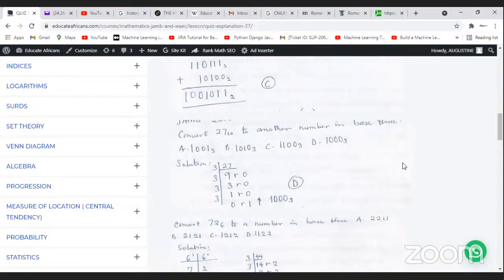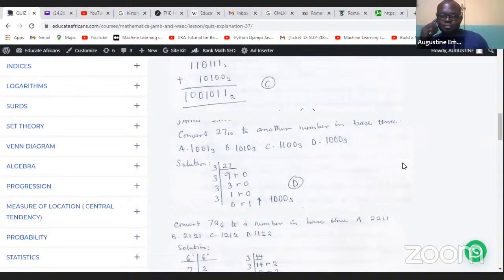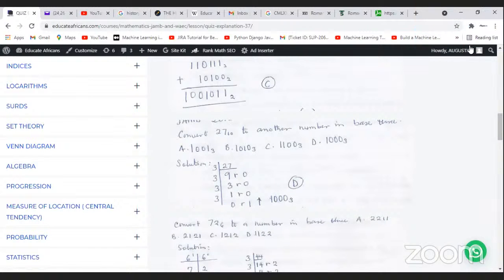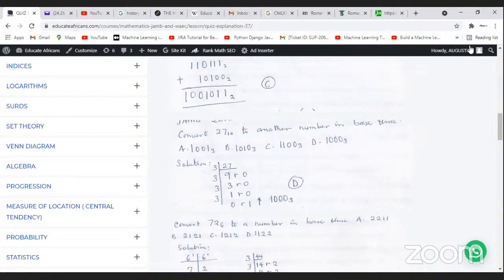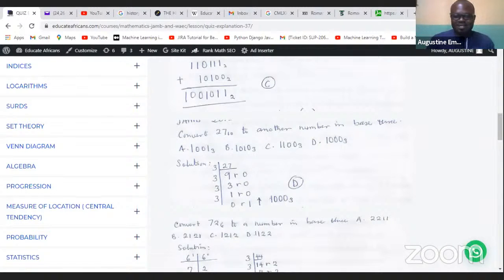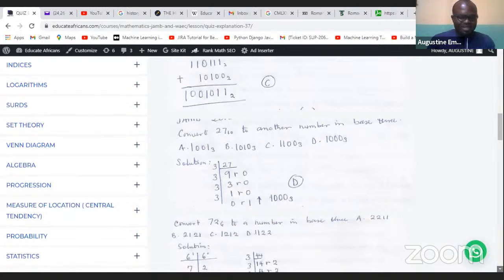So other people should solve this. I got 1122. Wow, everybody is having 1122. Incredible. So that means it's making sense.